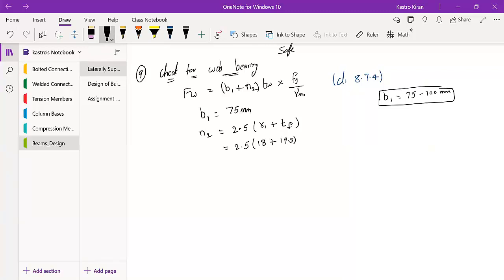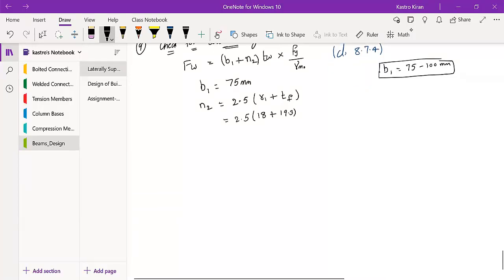That is for the section you have selected, ISMB 550. If you solve this, you will get the value of N2 as 93.25 mm.